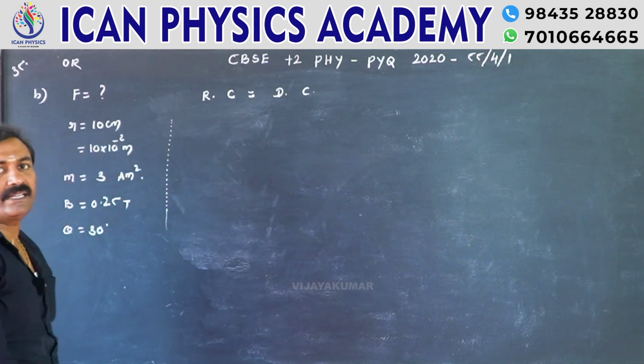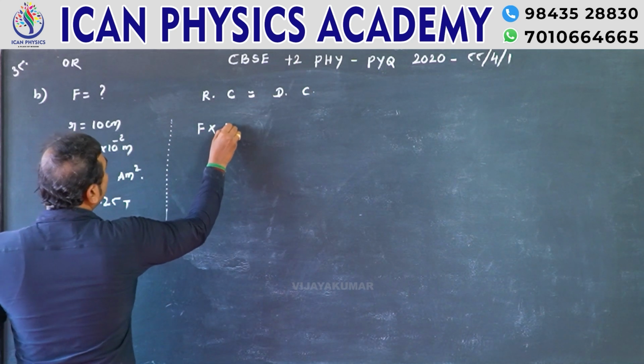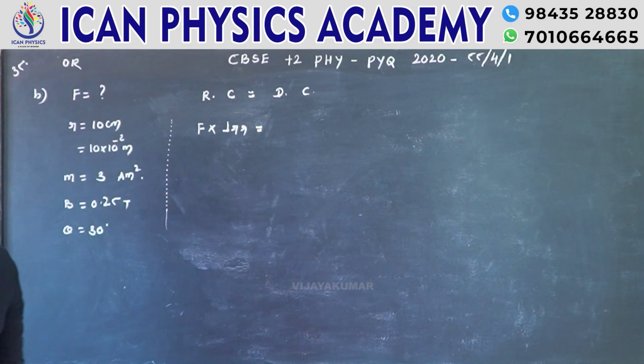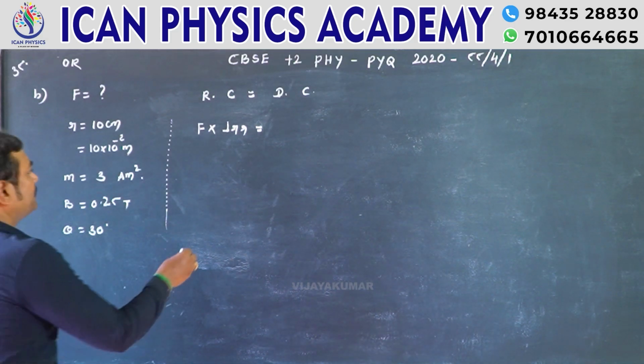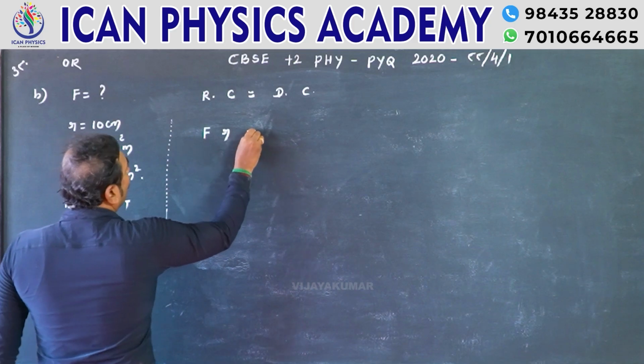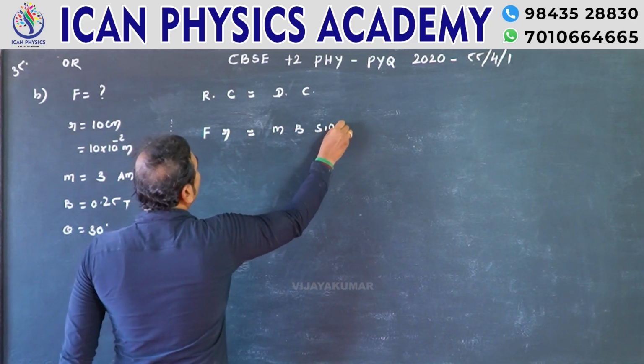The restoring couple is force into perpendicular distance, that is F into R. The deflecting couple is mB sin theta.